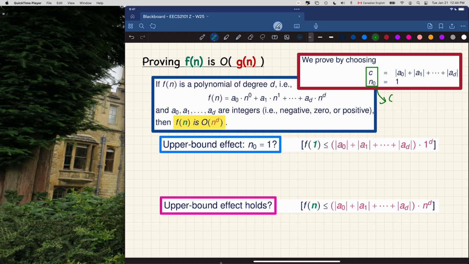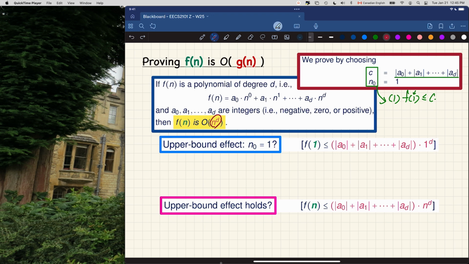So step number 1, I want to make sure f of 1, right, you can see N is already being substituted by 1, should be upper bounded by, so the C here is the C here, right? I'm just not repeating the C here, multiplied by the highest power. Because you can think about this one here, this is like a G of N. Okay, so let me just put this in red.